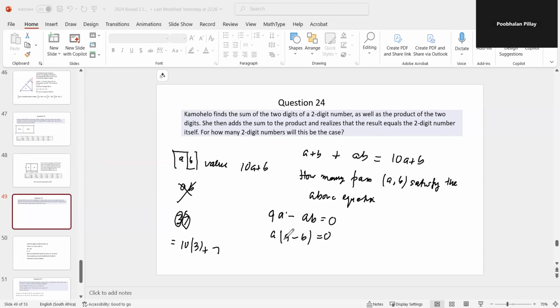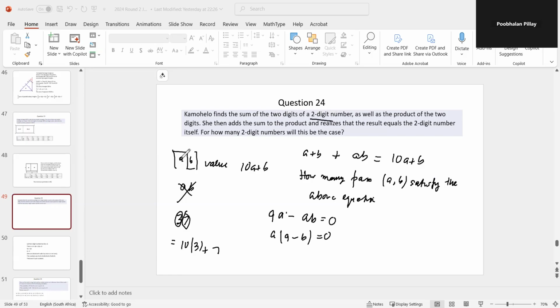And so you've got the product of two numbers equal to 0, so one of them is necessarily 0. If you multiply two numbers and the answer is 0, one number has to be 0. So can it be A? No, it can't be A, because A is the first of the two digits, and it says it's a two-digit number.